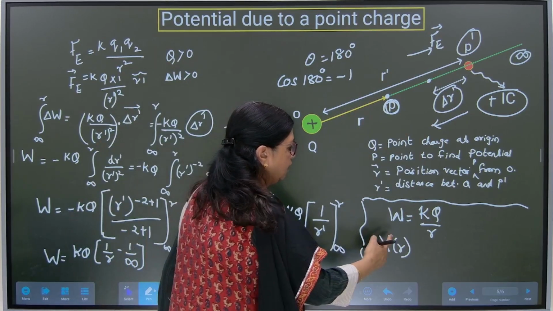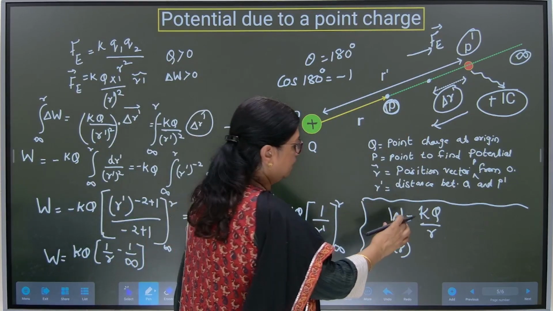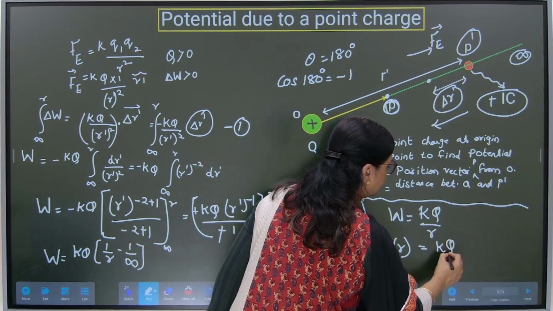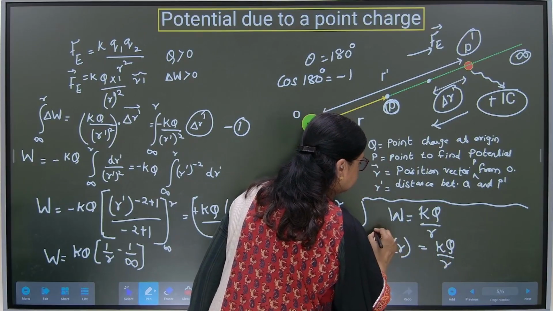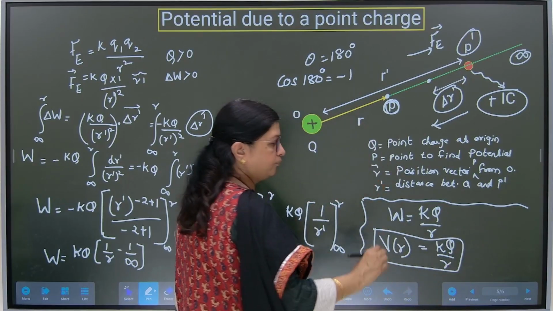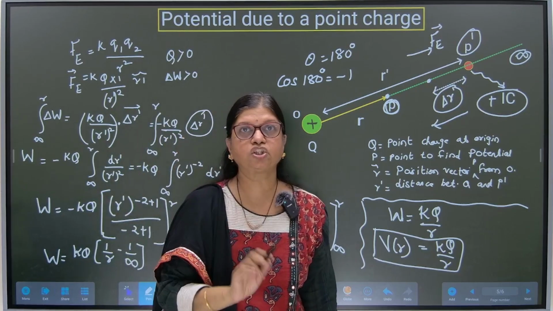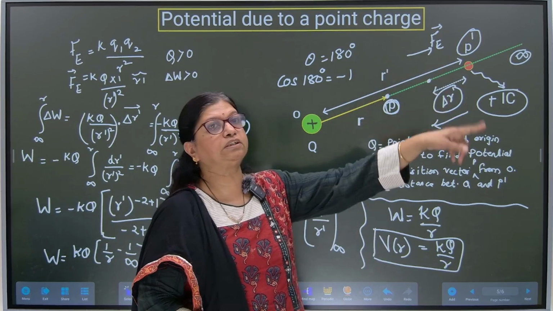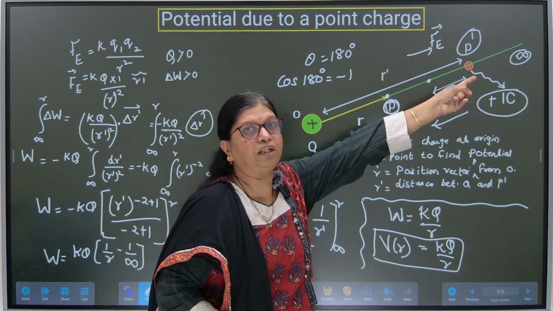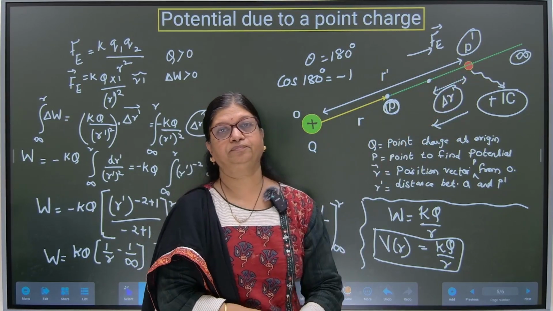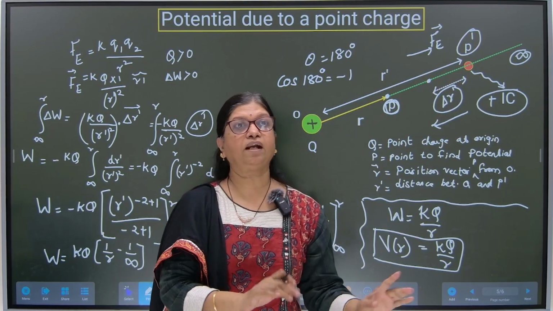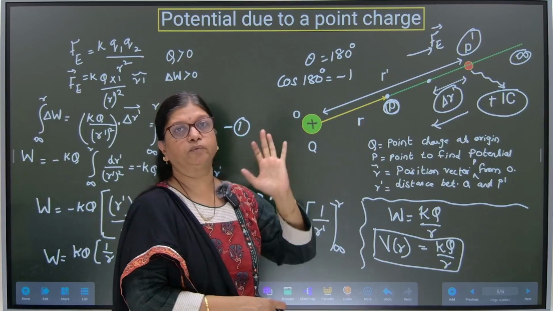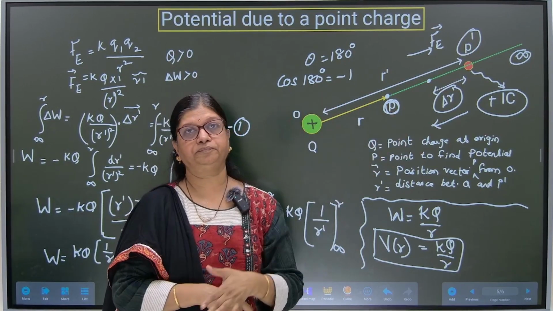So V as a function of R is equal to KQ upon R. This is the work done to bring a unit positive charge from infinity to R, which is the potential we are trying to find out for a point charge Q at a point P.